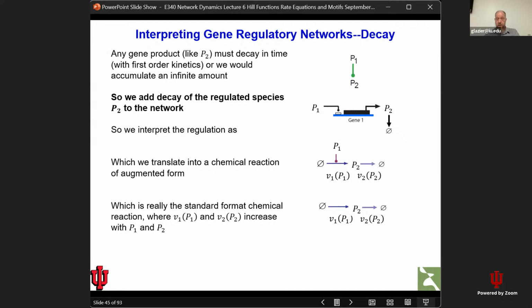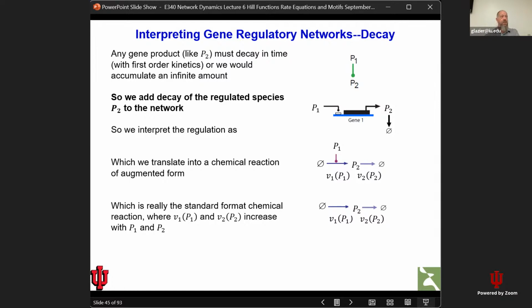As we mentioned before, and as Elmer very pointedly pointed out, if we're producing P2 and we're not getting rid of it, the amount of P2 will go to infinity. And so whenever we see a diagram like this, even though it's never written, there is an assumption that P2 decays.